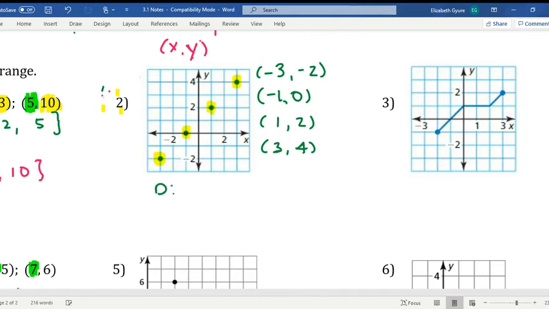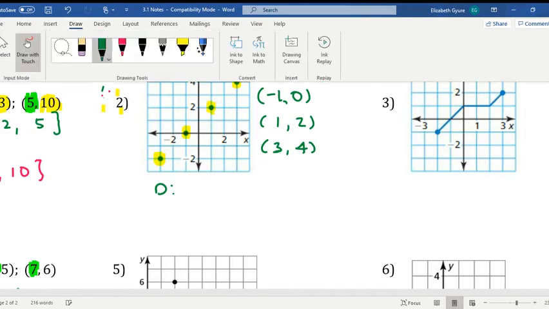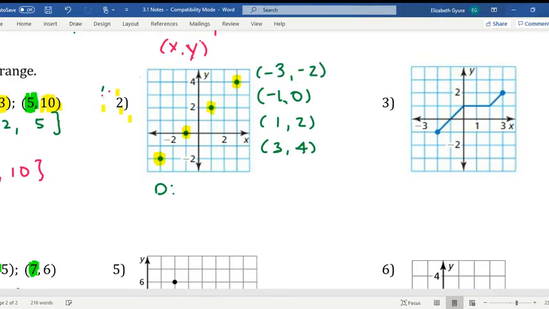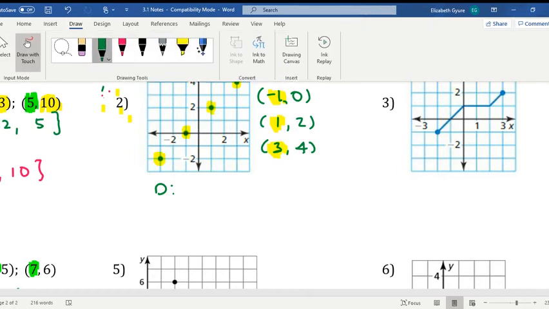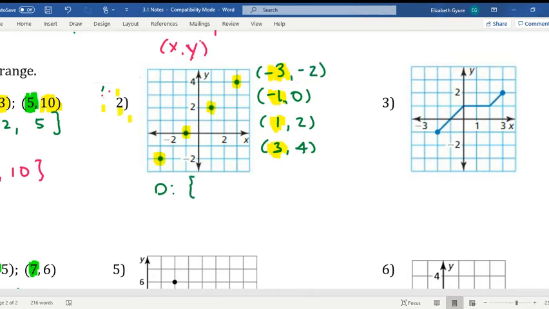So remember your domain is all your x values, which is all your ones in the front. So that would be -3, -1, 1, and 3. So in your curly parentheses, -3, -1, 1, and 3.